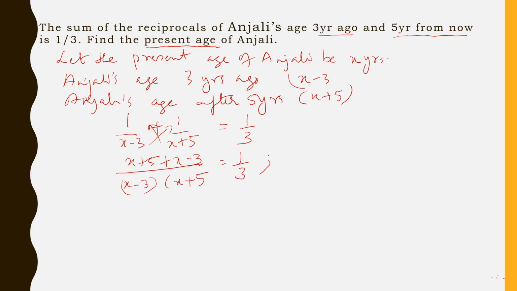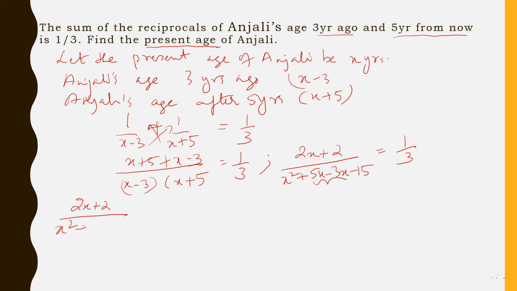Now in the numerator x plus x is 2x and 5 minus 3 will become 2, and the denominator when you expand you will get x square plus 5x minus 3x minus 15, and this is equal to 1 by 3. Now we can simplify: 2x plus 2 divided by, in the denominator we have 5x minus 3x, which is 2x, minus 15, equal to 1 by 3.